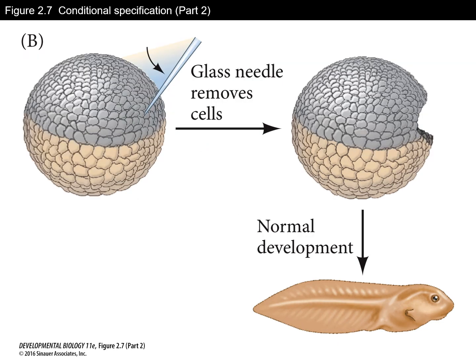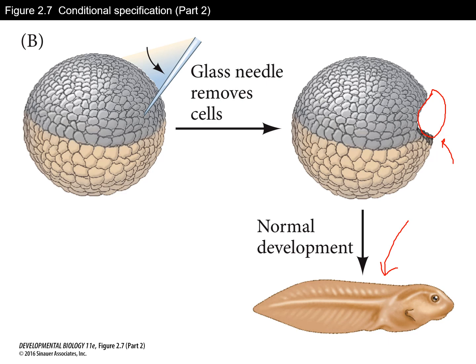What's also interesting with conditional specification is that if you remove cells from a very early developing blastula, then nearby cells are able to fill in the gaps, as long as they're the same tissue type, and adjust for these missing cells. Thus you end up with an organism that looks as if you had not removed cells. They can fill in the gaps and continue proper development even if some of these cells are removed.